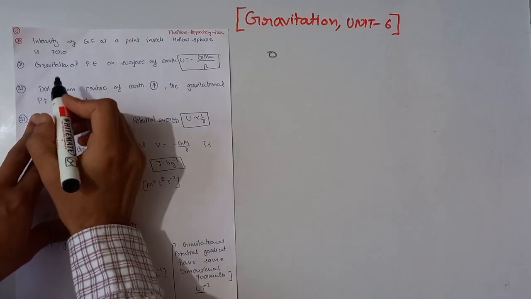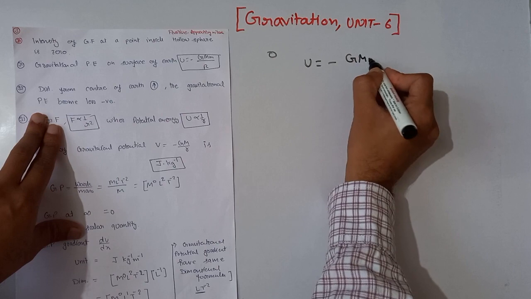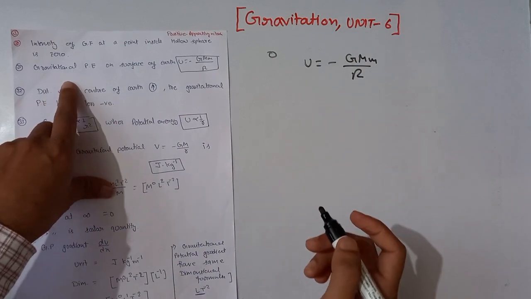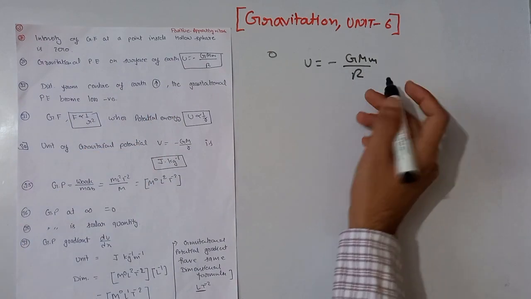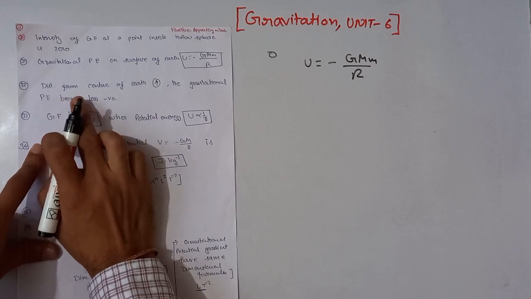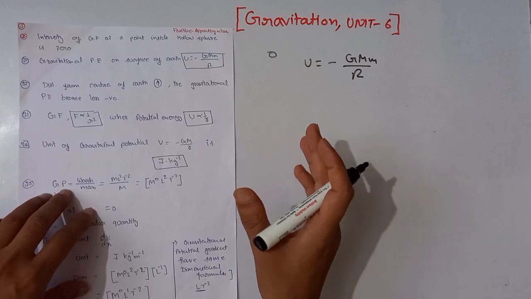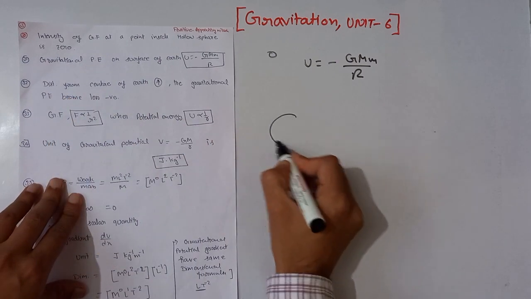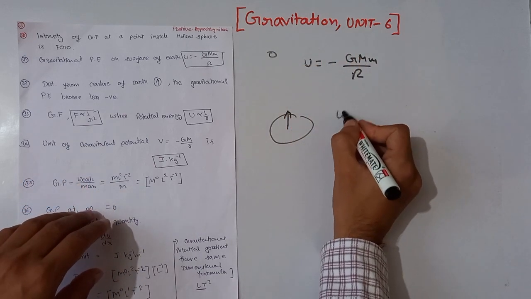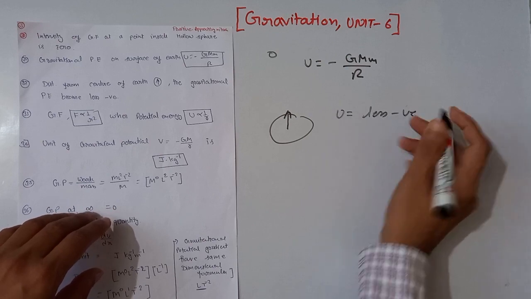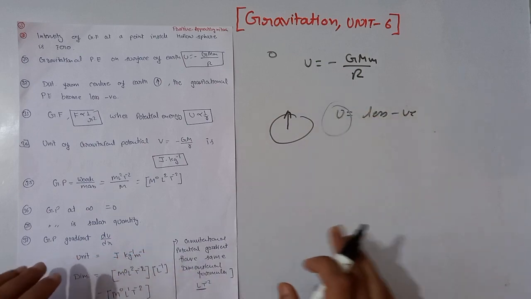Our next important key point is gravitational potential energy on the surface of Earth. It is given by U, which is equal to minus GMm divided by R. As the distance from the center of Earth increases, the gravitational potential energy becomes less negative.